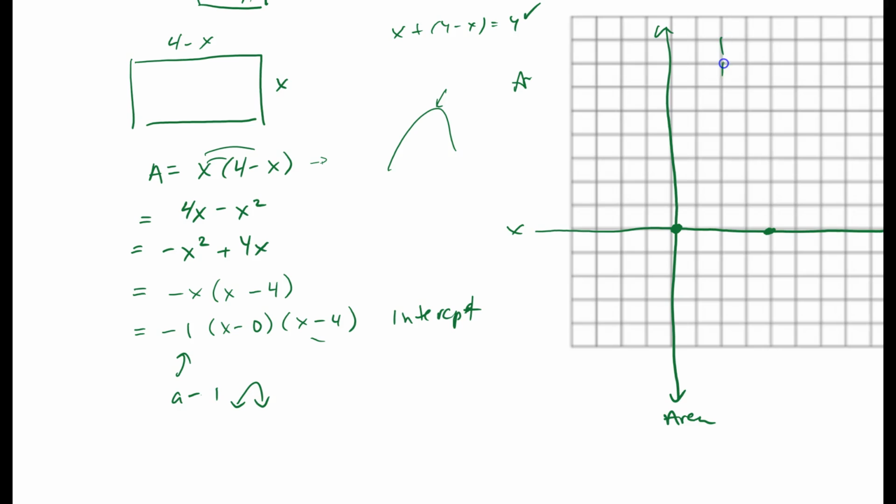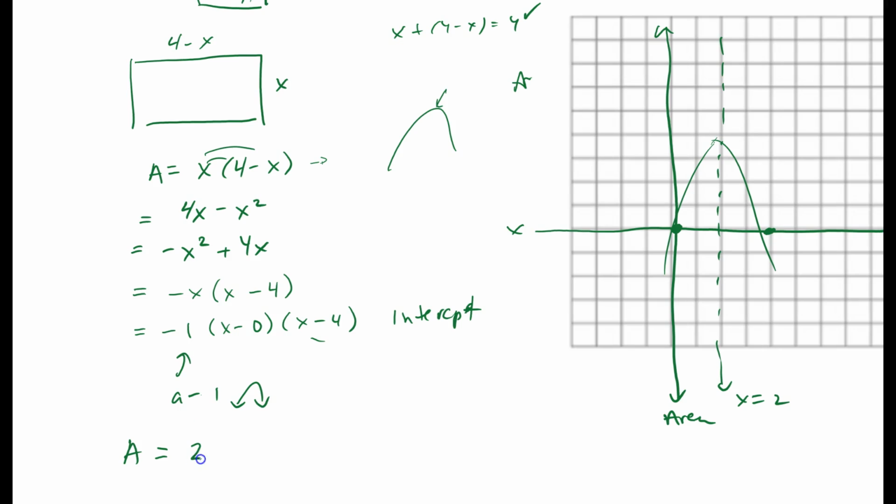The axis of symmetry is going to be halfway in between, where x equals 2, and that's going to go through the vertex. So the maximum is going to occur at x equals 2. All I need to do here is find the area when x equals 2.